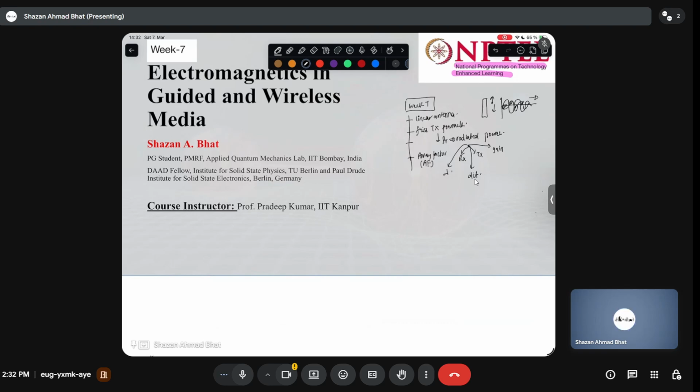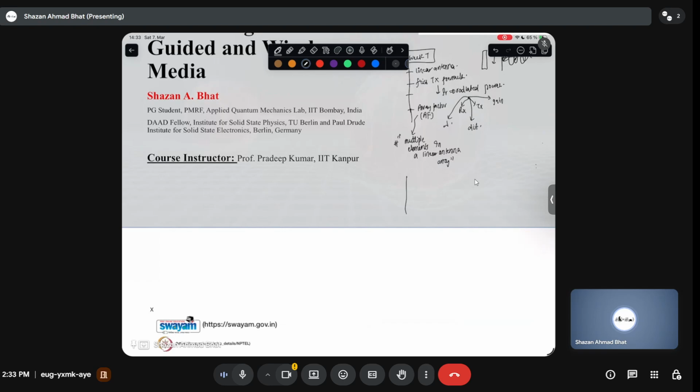This basically comes when you have multiple elements in a linear antenna array. In that case, you don't talk of only one antenna. You have a linear array and multiple antennas which are propagating the electromagnetic waves.